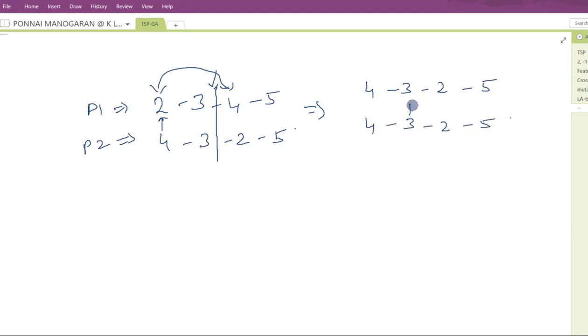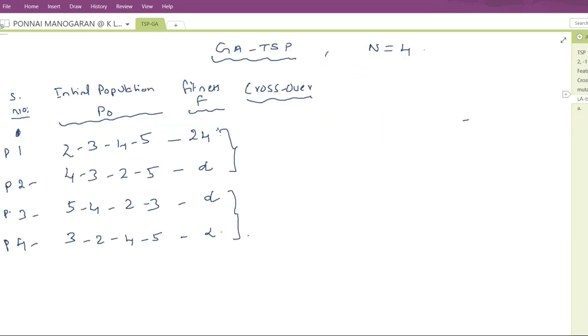Since 3 is already there, there is no need to swap. So therefore you will get this child. The first child is 4, 3, 2, 5.